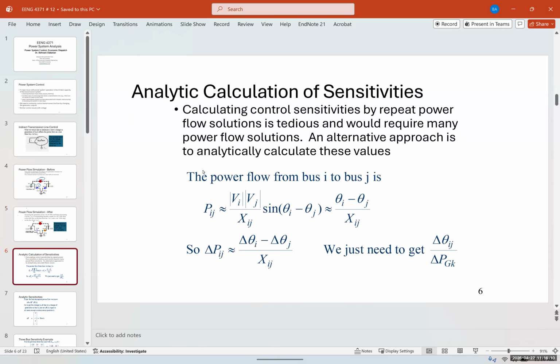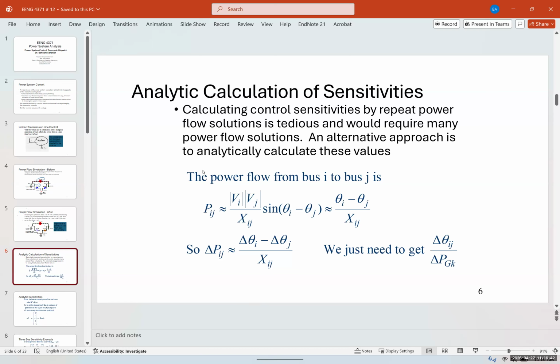Now, let's go to the analytic calculation of sensitivities and how we do it. The previous case was only for 3 buses. Now imagine when we have 500 buses and 1,000 lines. It's not that easy to simply calculate them. Running a full power flow before and after every possible generator change is going to be very slow using the previous method.